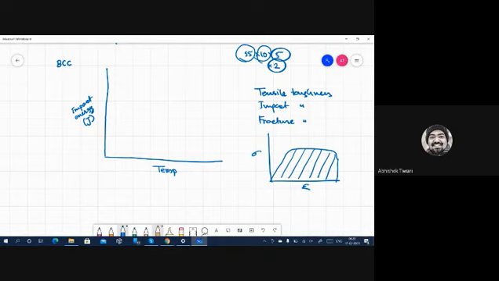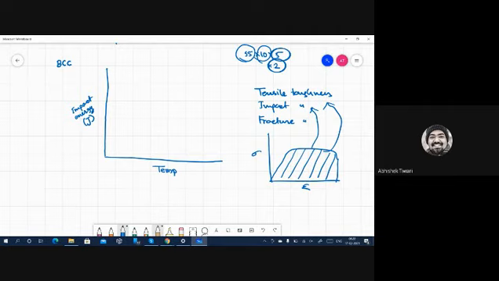The difference between tensile toughness and impact toughness is, first, that in impact toughness you are loading the material with a higher velocity. So a strain rate effect is going to be there, and an inertia effect is going to be there. These are the differences because of the strain rate. And there is another difference: in tensile testing you don't have a notch, but in impact testing you have a notch.